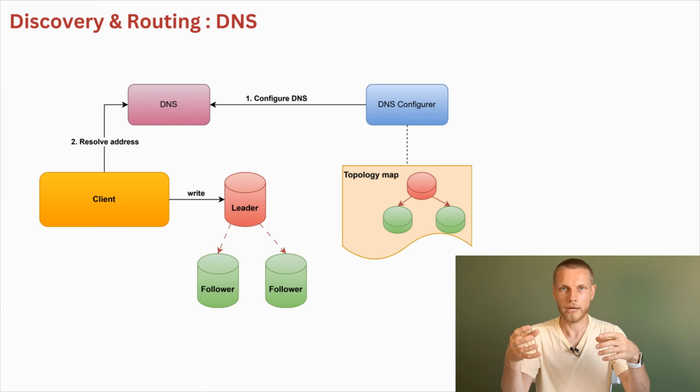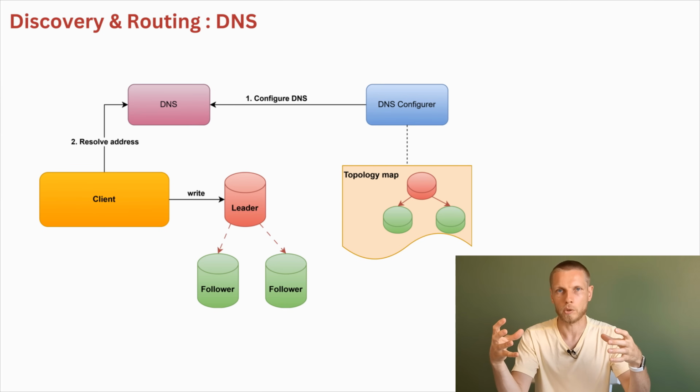In this approach, though we have two kinds of additional components, they are not really highly loaded, because the component which monitors system changes and reconfigures DNS does not do a lot of work, since system reconfiguration does not usually happen often. And DNS also is not very highly loaded because of the DNS caches which the client has, so the client does not make DNS requests on every request to the database.